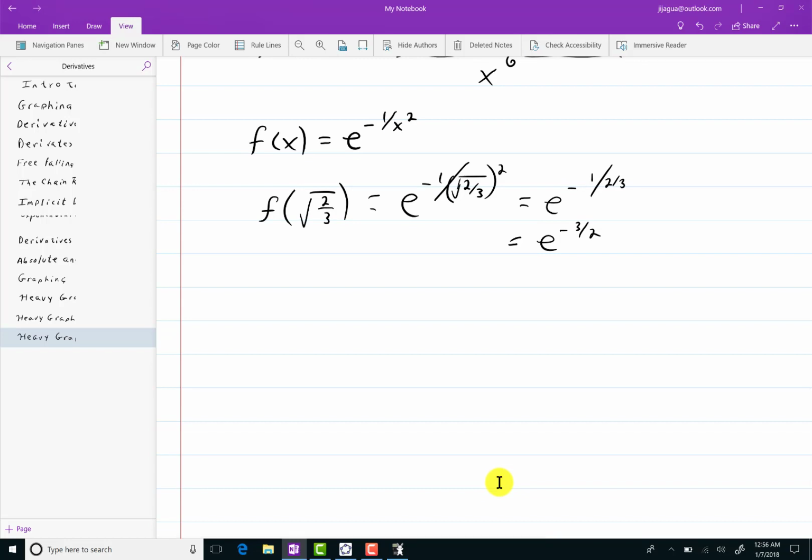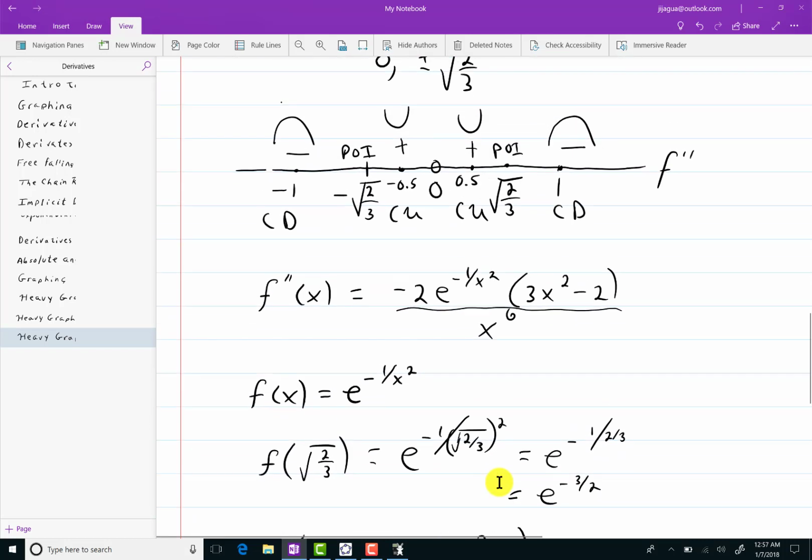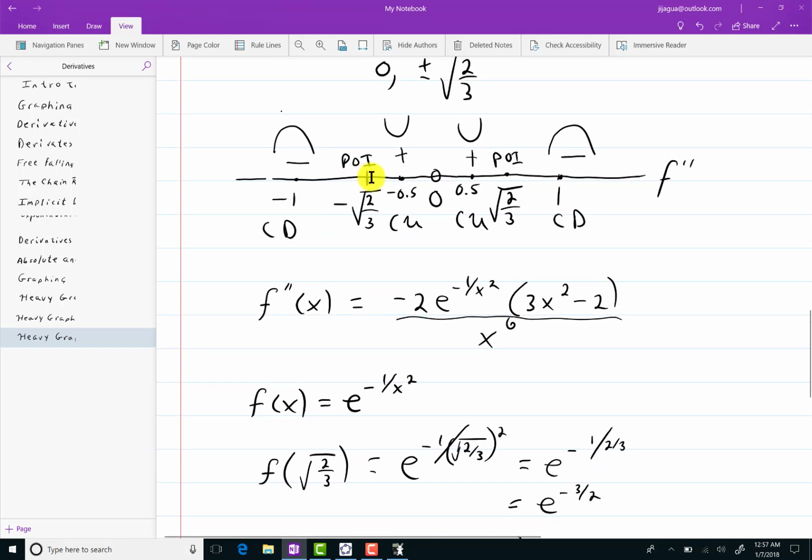So I have points of inflection. My points of inflection are plus and minus the square root of 2/3, comma, e to the -3/2. And we are concave up on negative radical 2/3 to 0, union 0 to radical 2/3. I'm not including 0 in that because the function is not defined for 0.